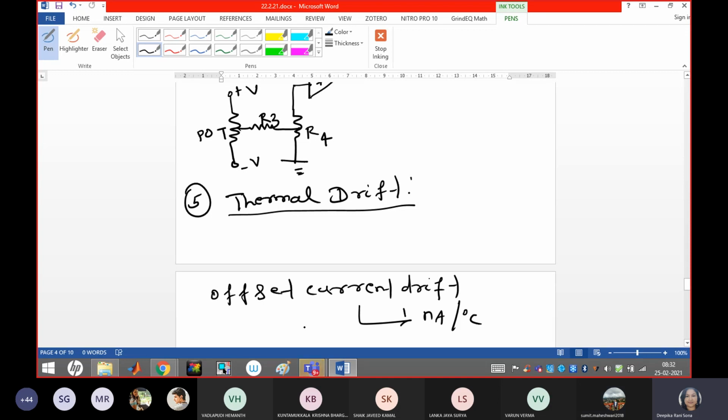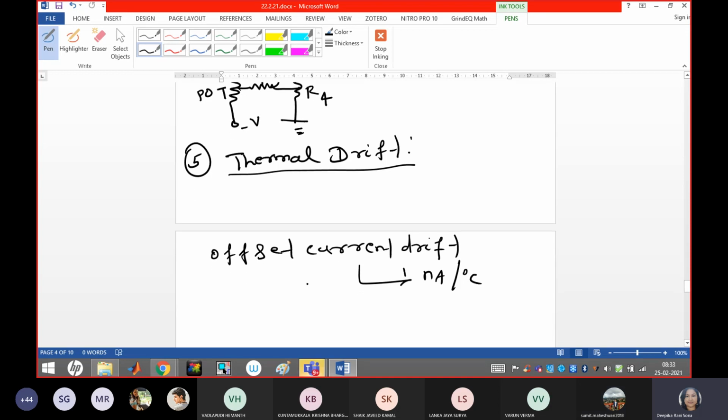Similarly, offset voltage drift can be represented in millivolt per degree centigrade.